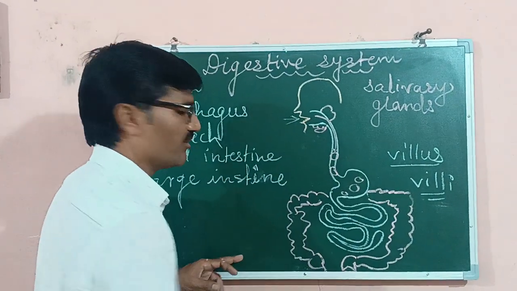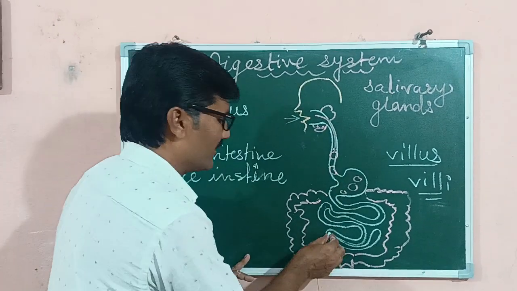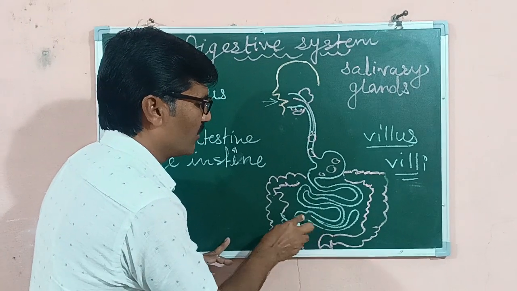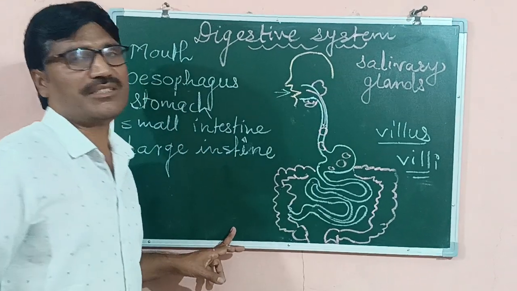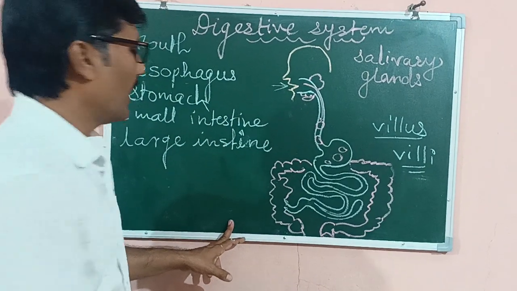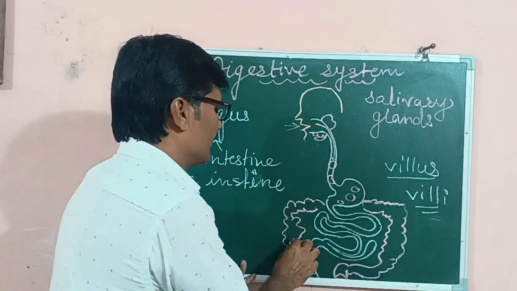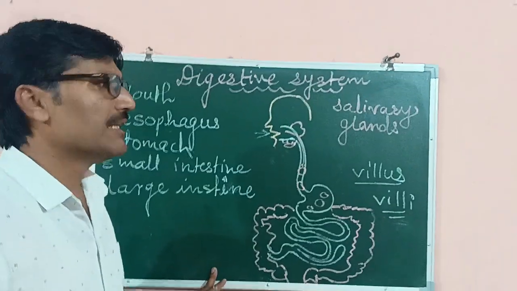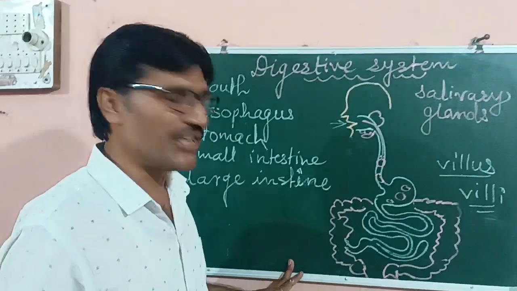So after digestion, the undigested food is passed towards the large intestine. That undigested food means the remaining food which is not necessary for our body, that must be excreted.